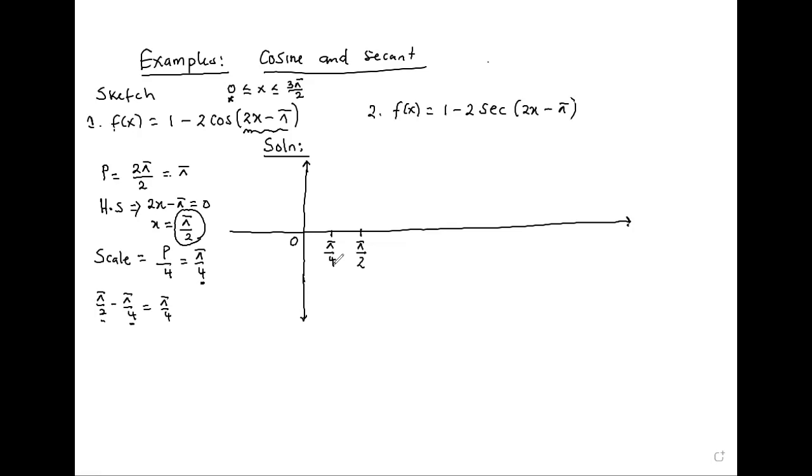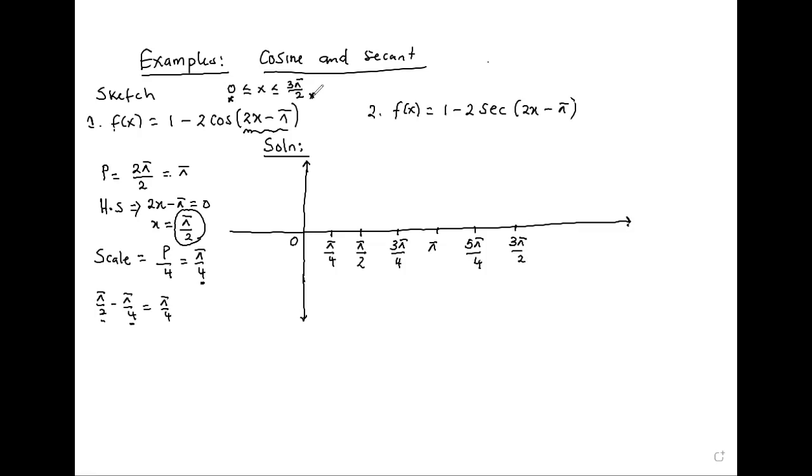Then we go back to 90 and start adding now. 90 plus 45, we get 3 pi over 4. And then pi. And then 5 pi over 4. And then 6 pi over 4, which is 3 pi over 2. And we must end here. And then now substitute.